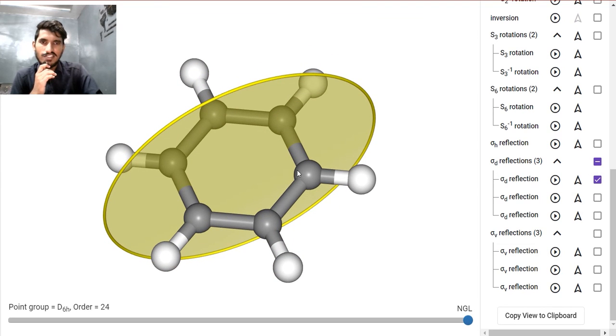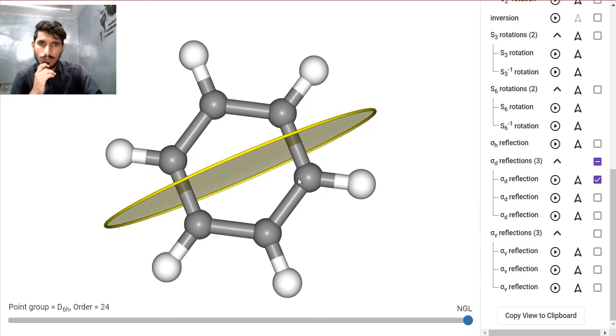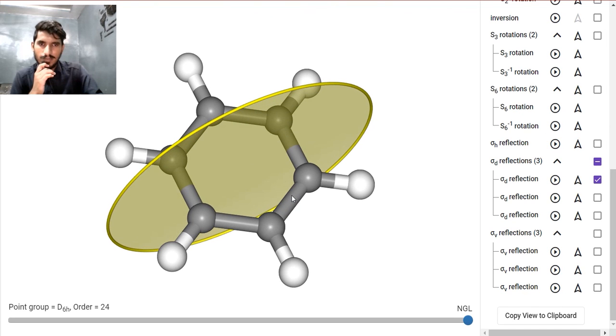And as you can see, this sigma d is present between two C2 axes. One C2 axis is this, the other C2 axis is this. So this sigma d is present between two C2 axes. Okay, the sigma v that is present between the two C2 axes is known as the sigma d. Sigma d is actually a type of sigma v that is present between the two C2 axes.